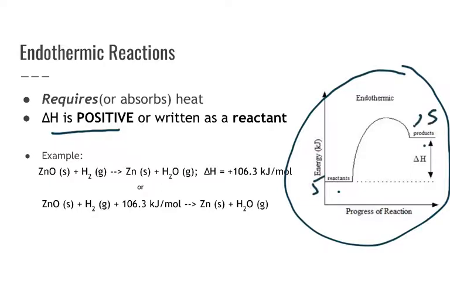The delta H would be the difference between the two, so it would be 20. You can see an example of how that would be written in a reaction. You could either write the reaction with just a positive delta H at the end, or you can write the reaction with the delta H written as a reactant. Either way would indicate that it's an endothermic reaction, that energy is being absorbed.